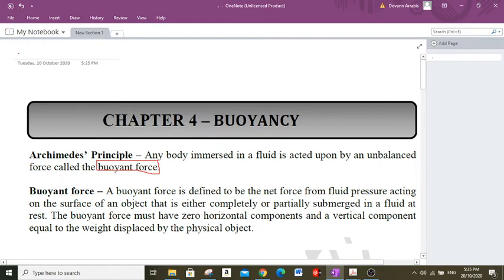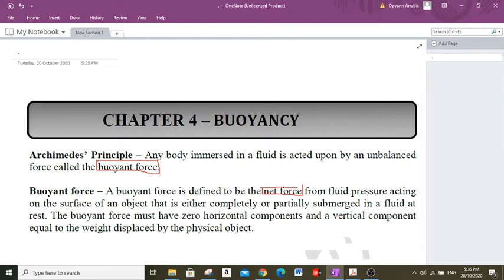So buoyant force is defined to be the net force from fluid pressure acting on the surface of an object that is either completely or partially submerged in a fluid at rest.